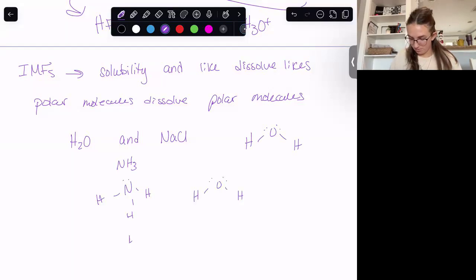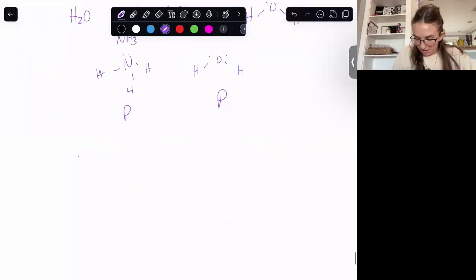Because this is polar as well. Likes will dissolve likes, right? In something non-polar, carbon dioxide is non-polar, and that would be dissolved in something like butane.